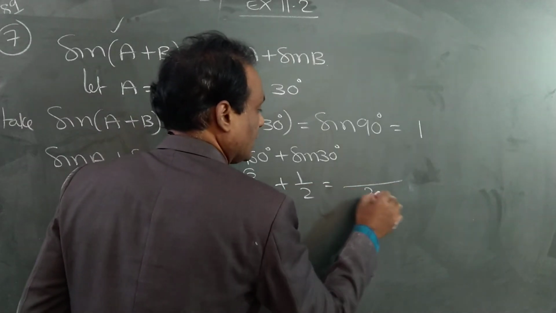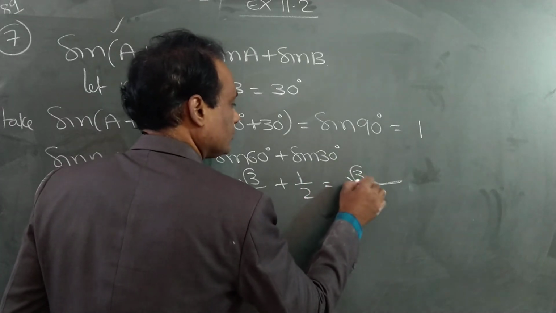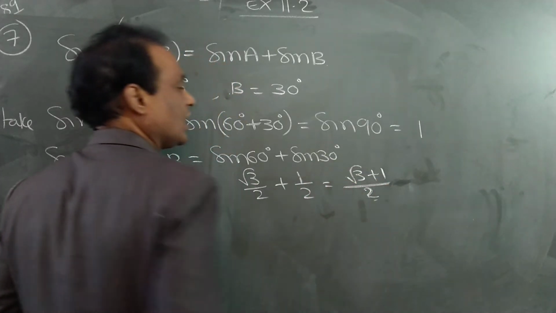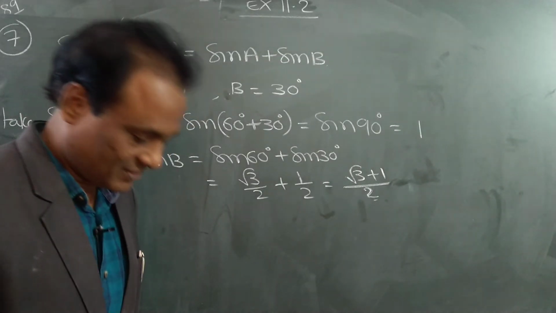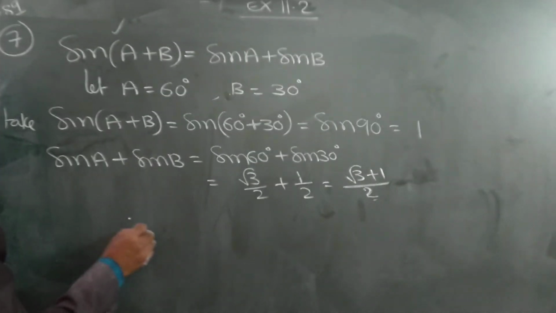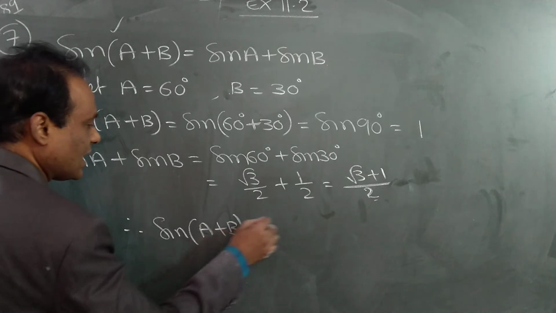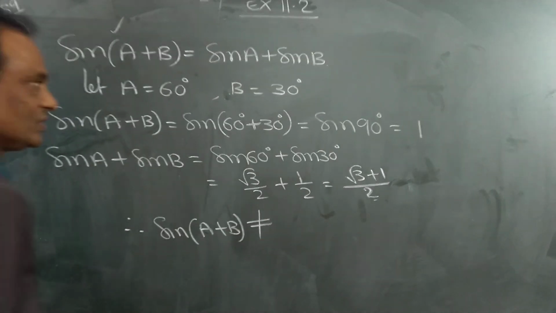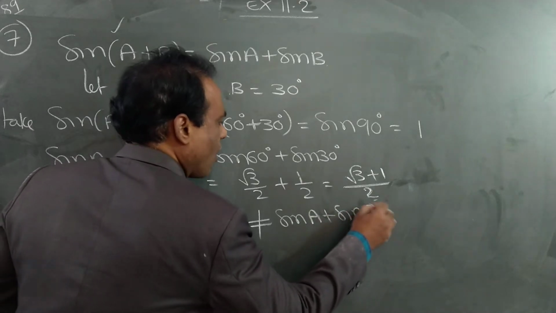So with LCM 2, the numerator is root 3 plus 1. Are they equal? No, not equal. Therefore, sin (A plus B) is not equal to sin A plus sin B. That given statement is wrong.